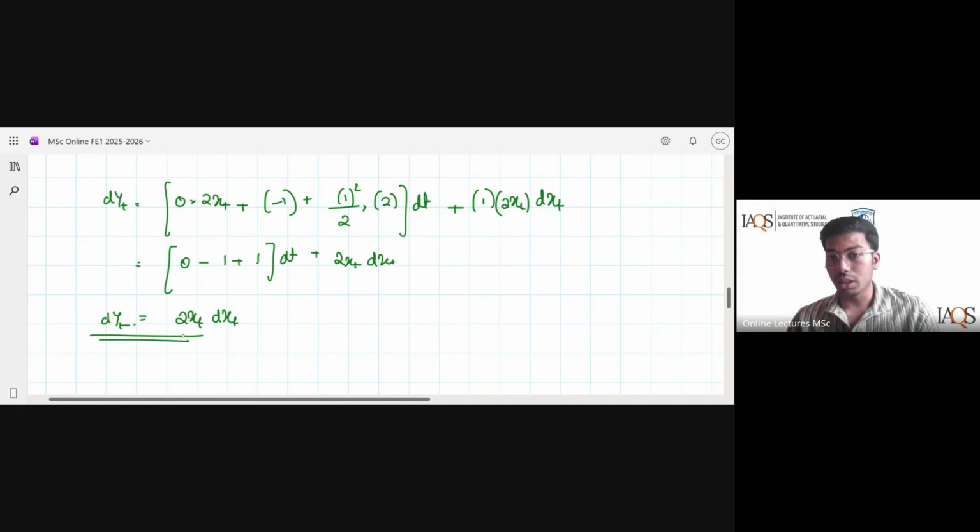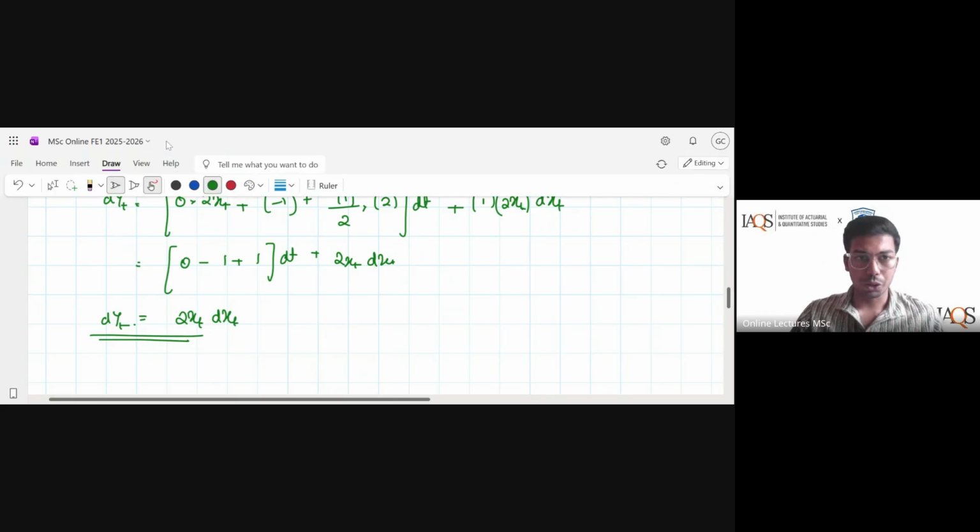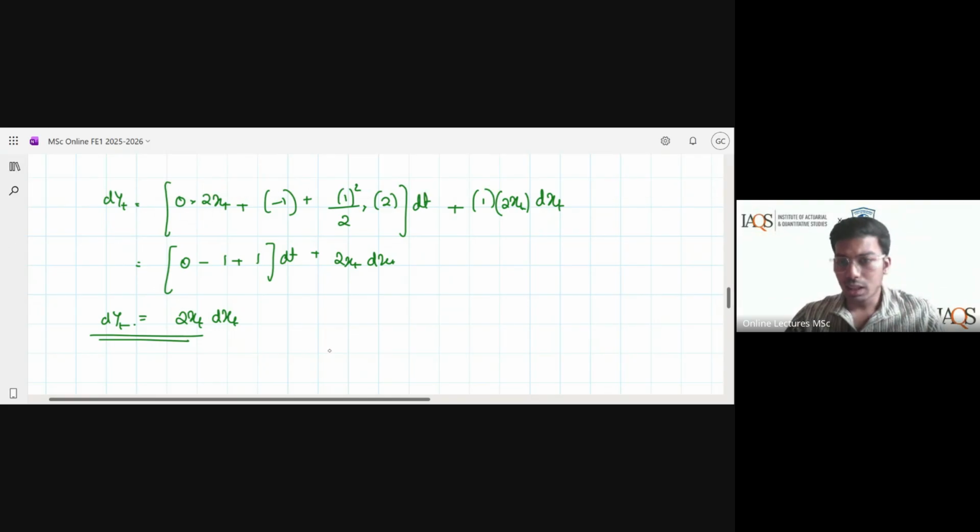Any doubts still here, anyone? Now, a very important thing. I know the general form of Brownian motion is dyt is equal to mu dt plus sigma dvt or sigma dxt. If I don't have any dt term over here, can I say mu is actually 0 for this particular process? If I don't have any dt related term, that means the drift is 0 over here.